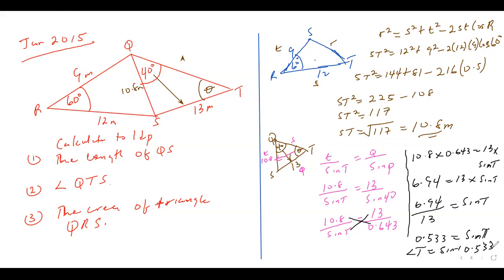If we want to find an angle now, you have to press shift sine. Then work it out. Tell me what you get, please. 32.2 degrees.